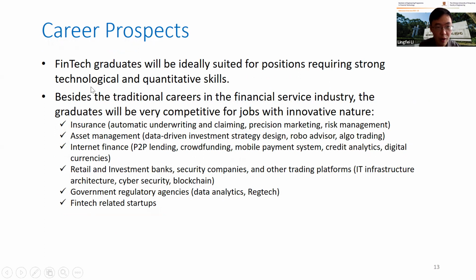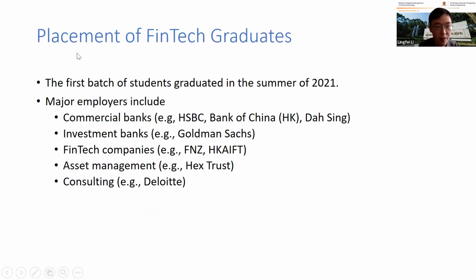For the career prospects, let me just directly jump to the placement of our first batch of students. Here are some major employers. You can see some of them are commercial banks like HSBC, Bank of China, Daishin Bank. These are traditional commercial banks, and they are in desperate need of FinTech talents. All these conventional banks are transforming themselves.